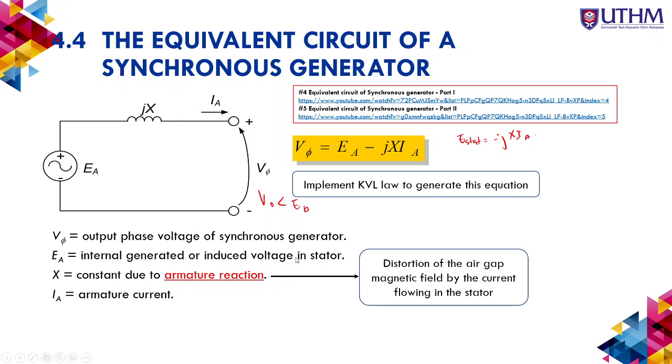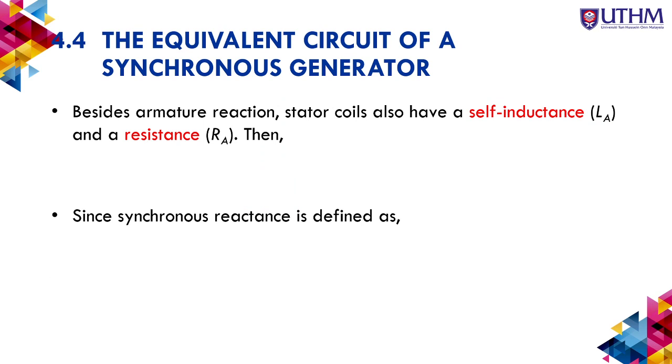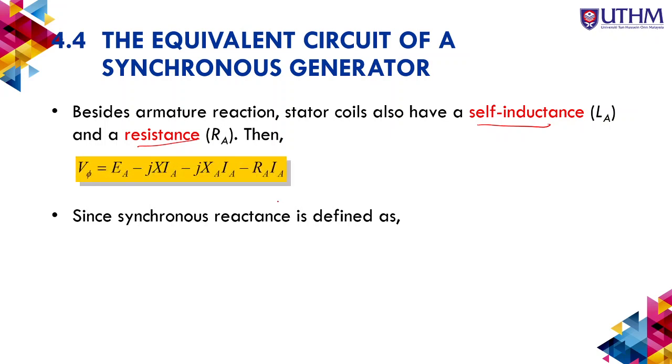Okay. So since dia ada self inductance dan juga resistance, so kita kena include juga di dalam equation. So memandangkan V phase tu akan lebih rendah, so dia akan tolak jugalah. Okay. So this is the self inductance tadi tu, and this is the resistance tadi lah.